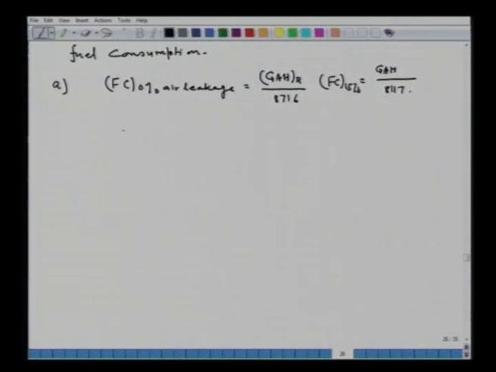So, the increase in fuel consumption will be around 7%. So, this illustrates the effect of air leakage on the fuel consumption.